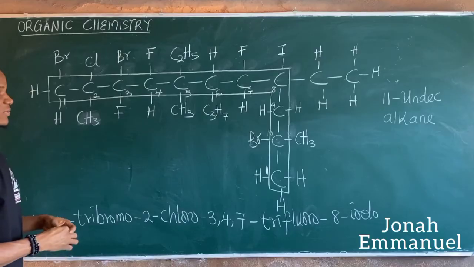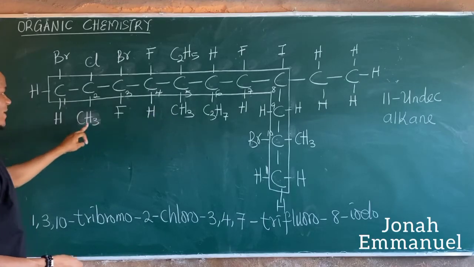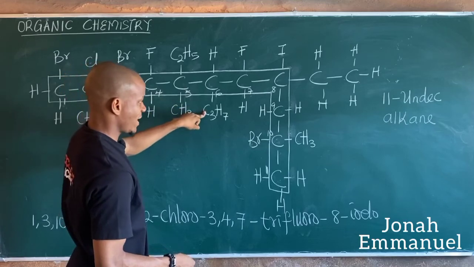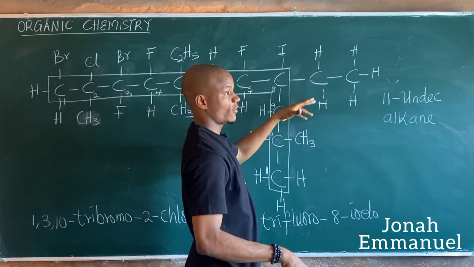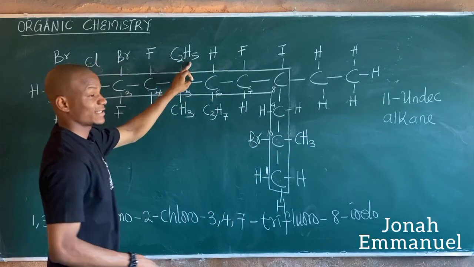Now look at organic substituents. I can see methyl here, methyl here, ethyl here, and propyl here. Also this one is actually ethyl in its structural form, C2H5, the same as this one here.